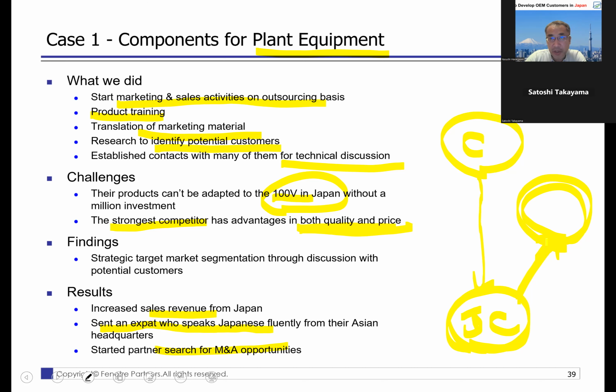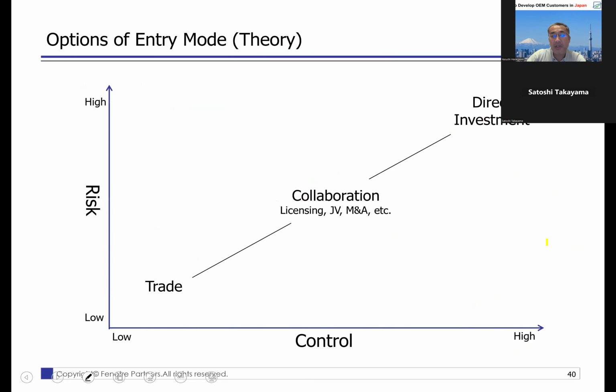So probably normal market research can't reveal this industry structure. The reason why we reached this conclusion is we had many technical discussions with engineers in many potential Japanese customers. So this case is like this.